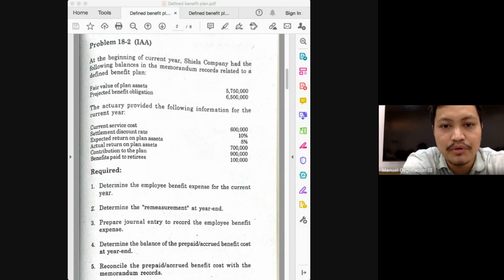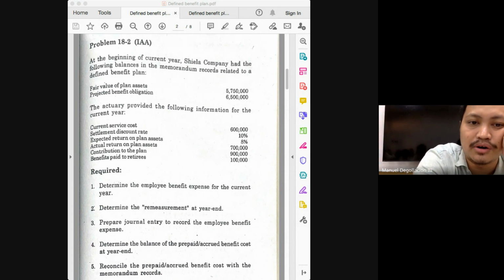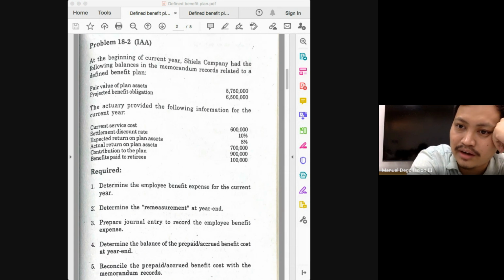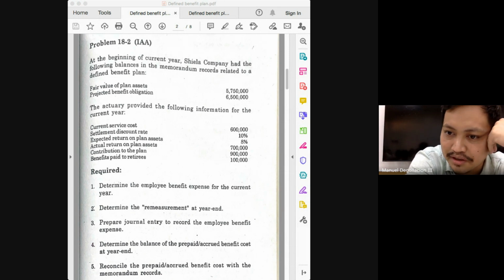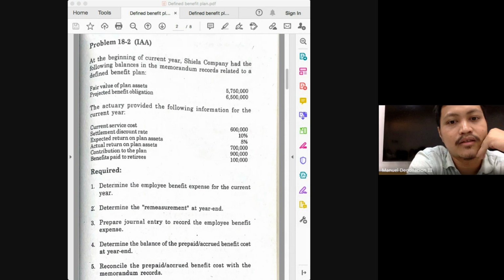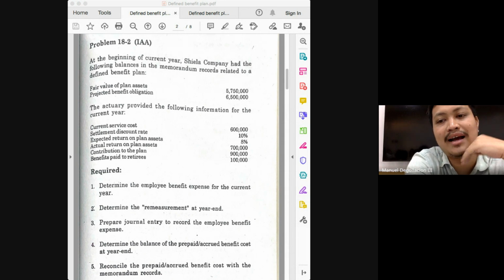The remeasurement from your plan asset would simply be the difference between the interest income on your FVPA, the subcomponent in your net interest, and the actual return on your plan assets. And we have already computed the interest income on the FVPA, correct? It was 575,000.